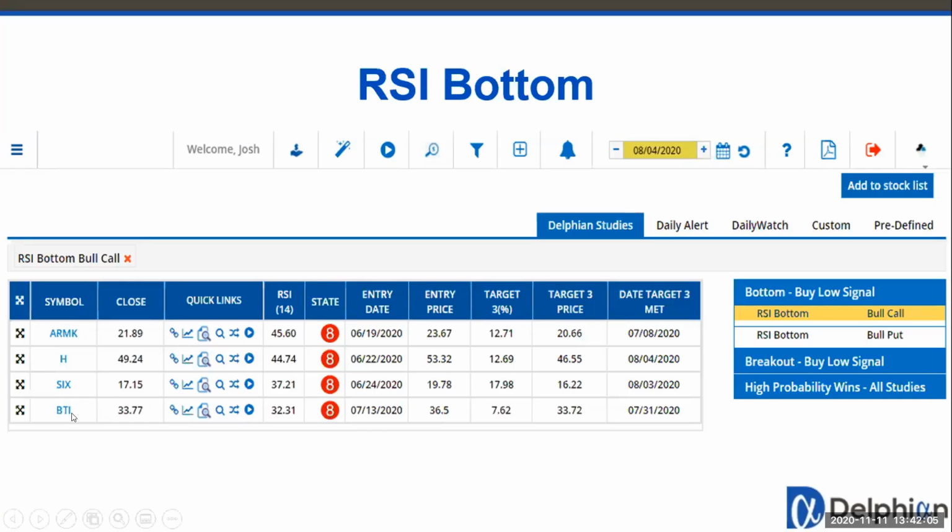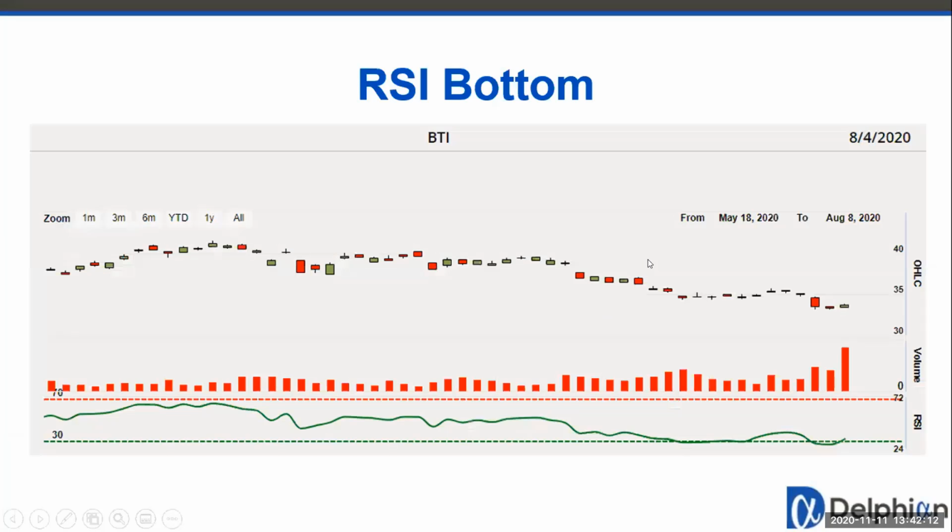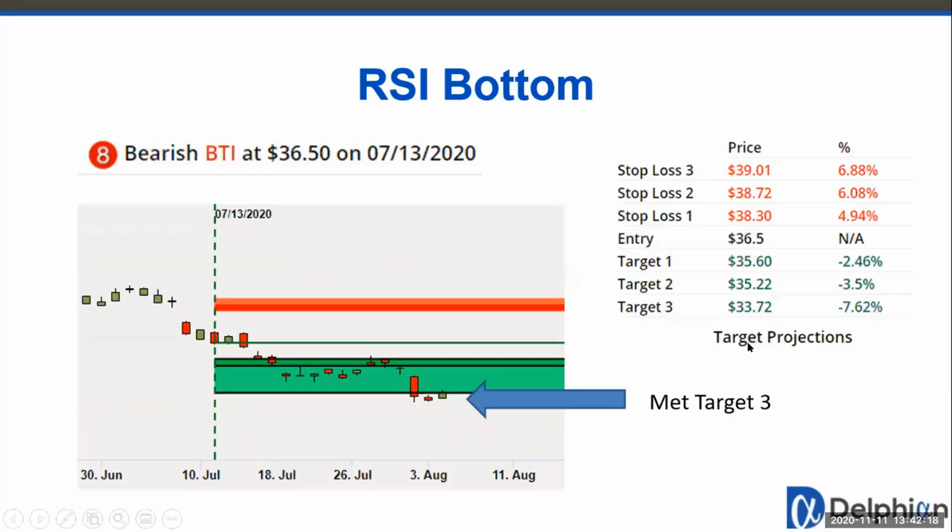So this trade here, British Tobacco came in on 8-4, and we had the bull call here. You can see there's the cross above, and then here's the state modeling snapshot. British Tobacco went into state 8 on July 13th, crept down here, and finally hit that aggressive target, and not all of them do.